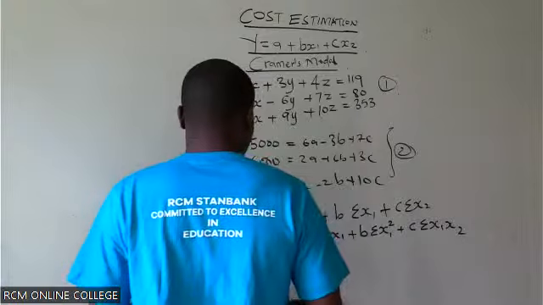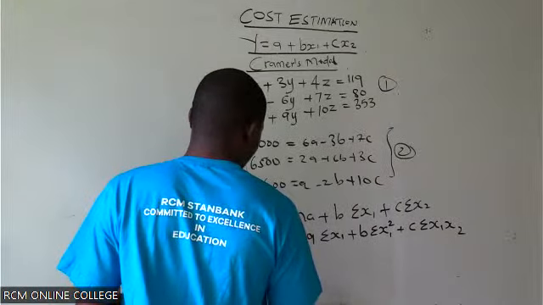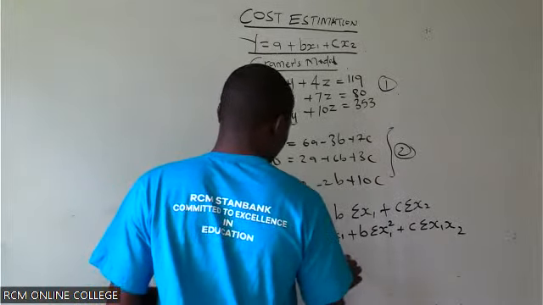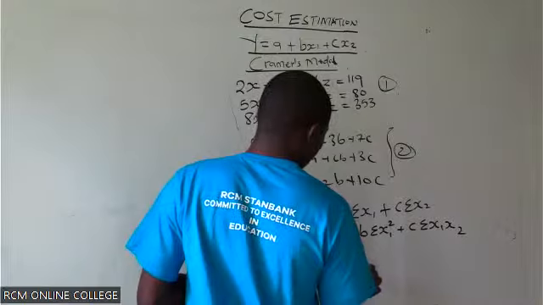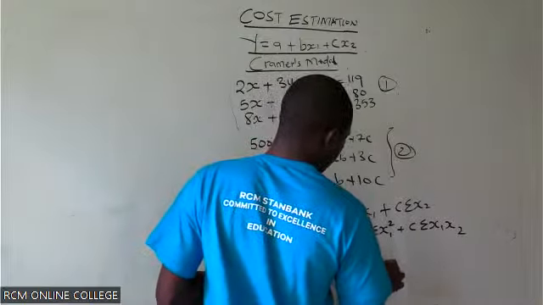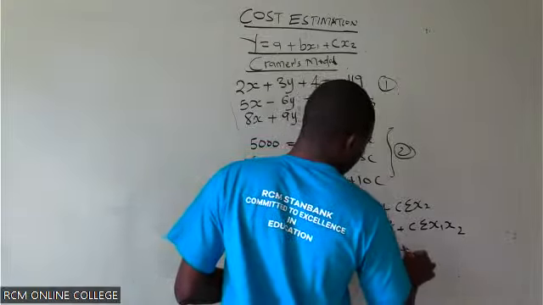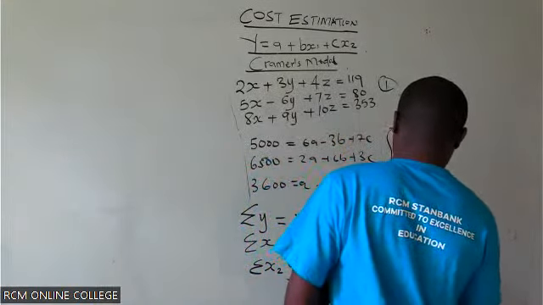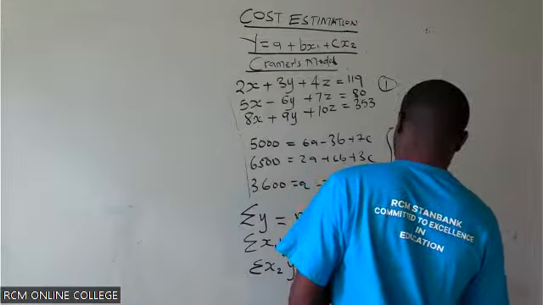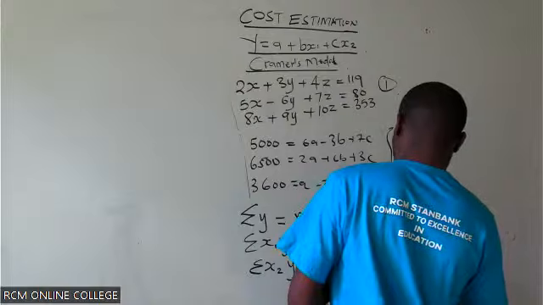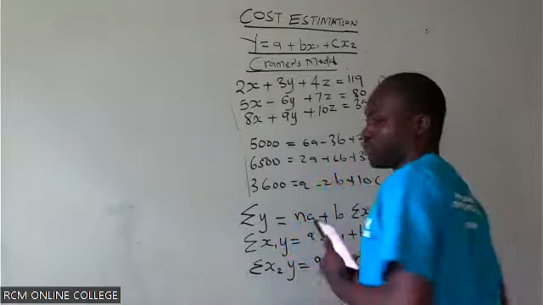Then I get to the second one, that is summation of X2 Y is equal to A summation of X2 plus C summation of X2 squared plus B summation of X1, X2.